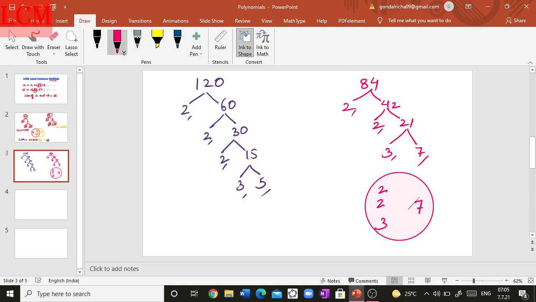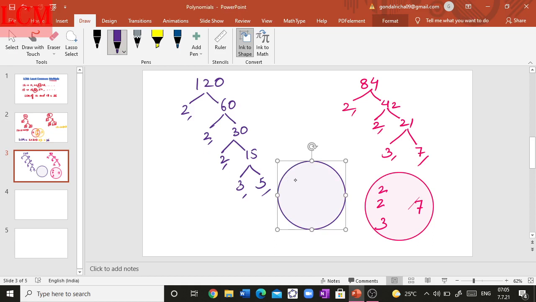On the other hand, if you want to group the factors of 120, the factors would be 2, 2, 3 and additional 2 and additional 5.